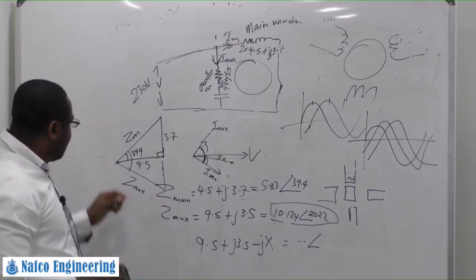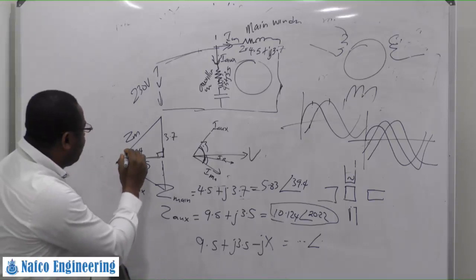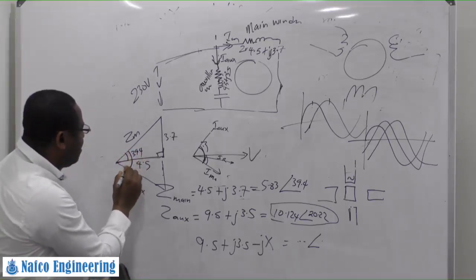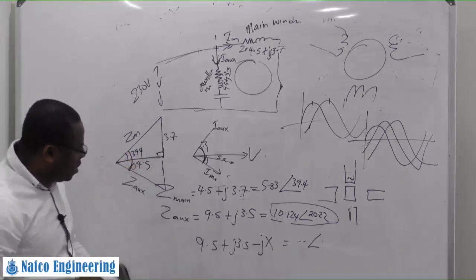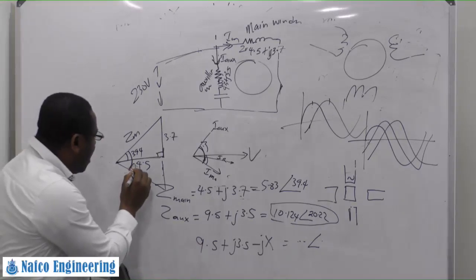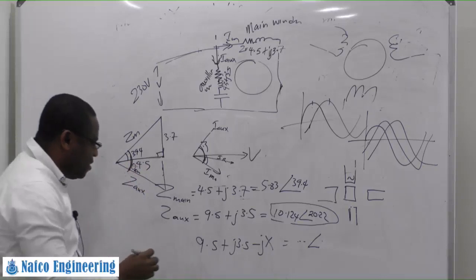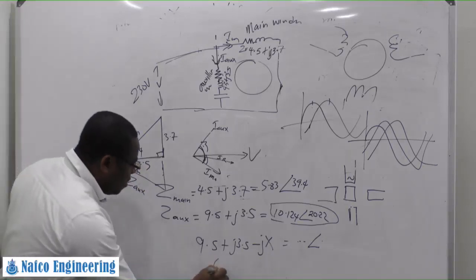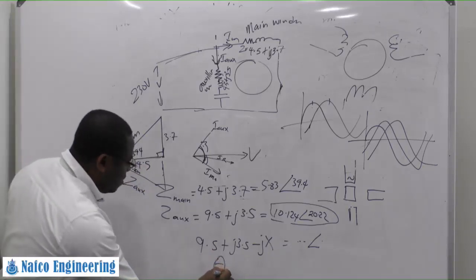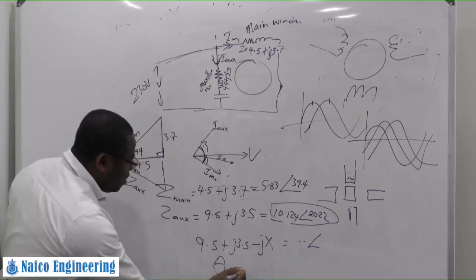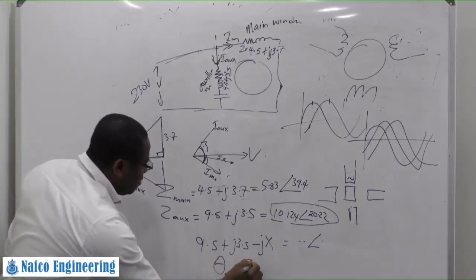Now, what do I do if I want this angle to be 90? I want to know the angle of this auxiliary. What will it be for the angle between this and this to be 90? I want the angle of the auxiliary to be 90 minus that.